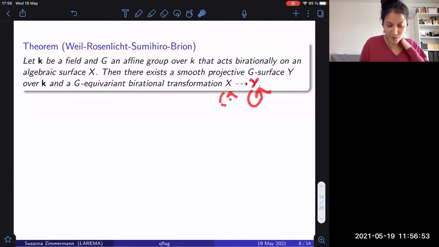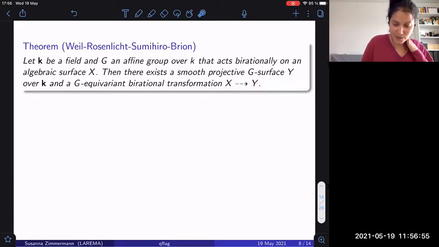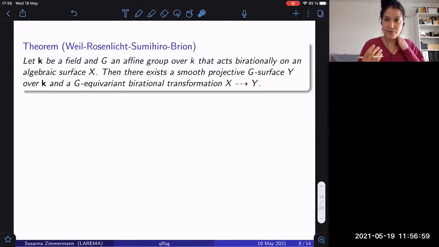And I would like to also mention that the first version of this is by Weil, and he did this for irreducible groups for simplicity, he writes. And then Rosenlicht extended it to any number of irreducible components of the affine group. And they prove it in any dimension. And for them, the variety Y is just another variety Y. They don't care what properties it has.